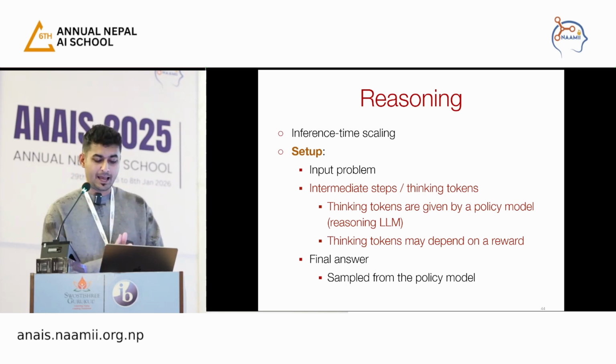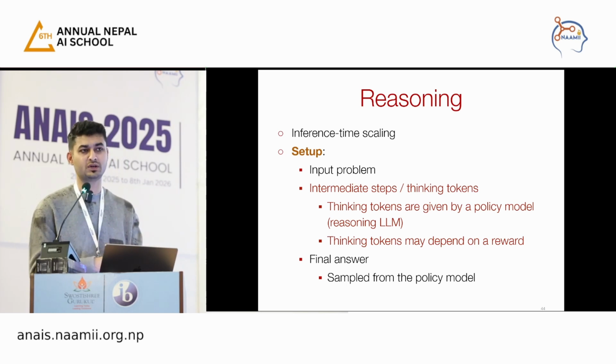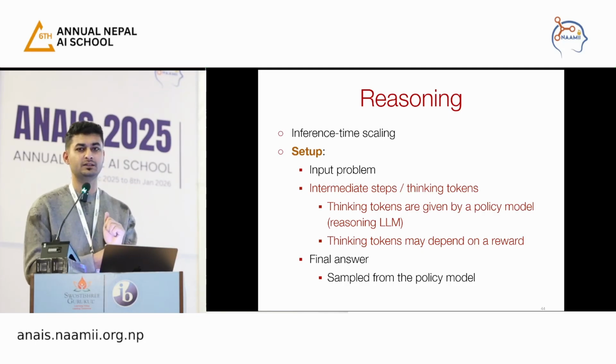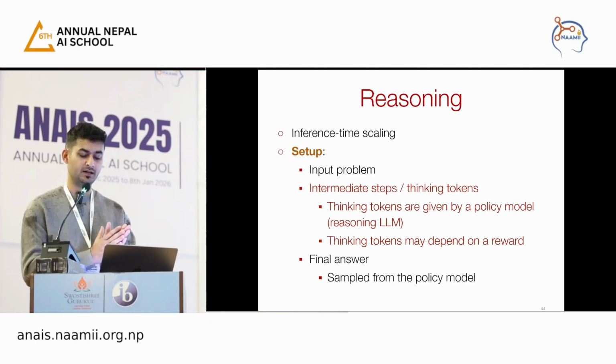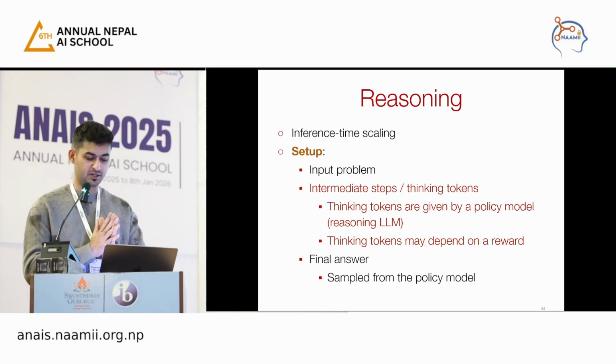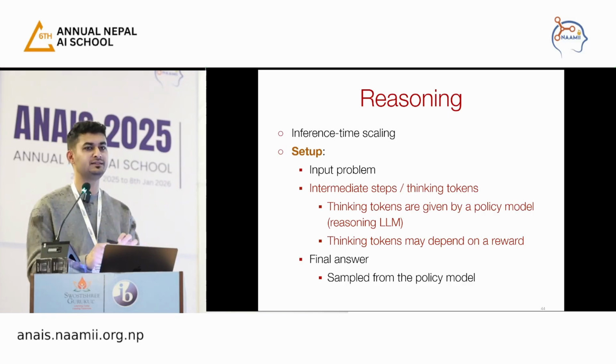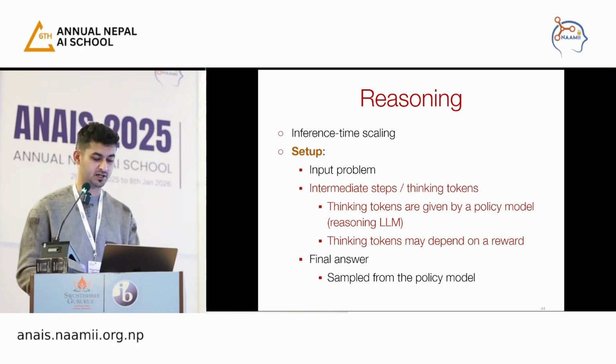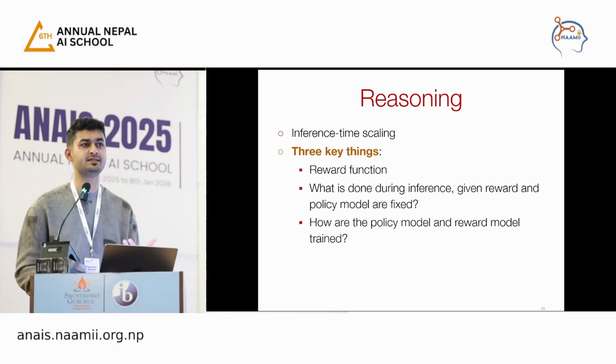The thinking tokens may depend on a reward, and I would like to link the DPO and PPO which Victor mentioned in the previous slide. Those techniques are actually used to develop reasoning models, and they're applied in this stage.